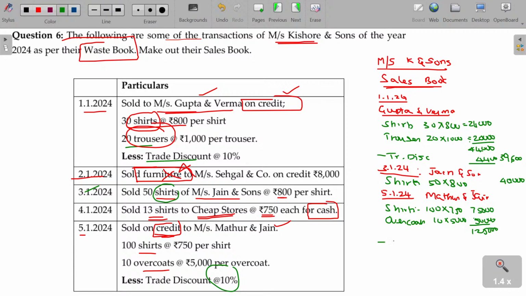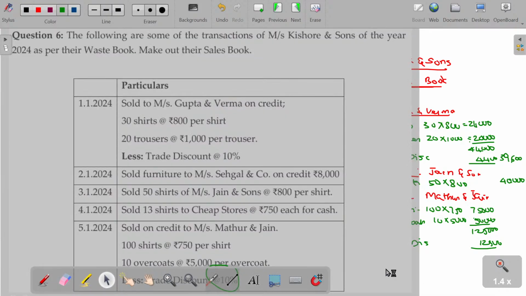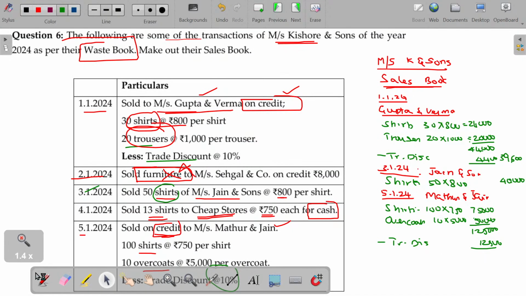There's a trade discount also, 10%, 12,500. After that, what is the value? 1,12,500. Total being 1,92,000. Is that clear?